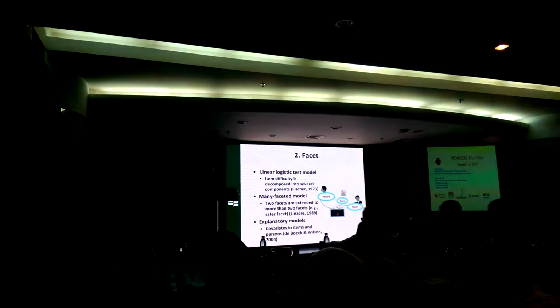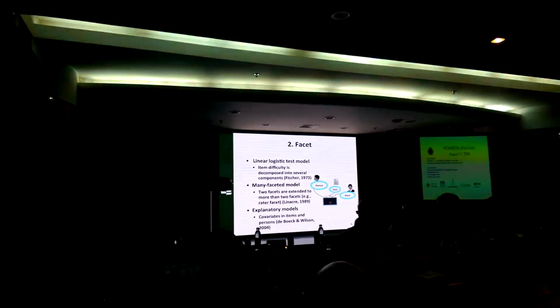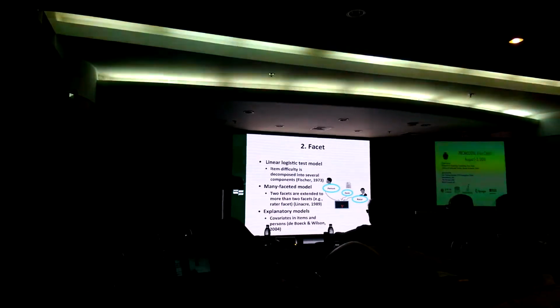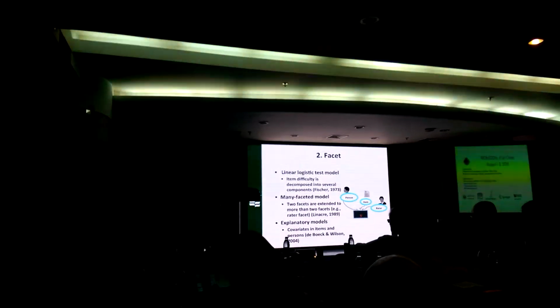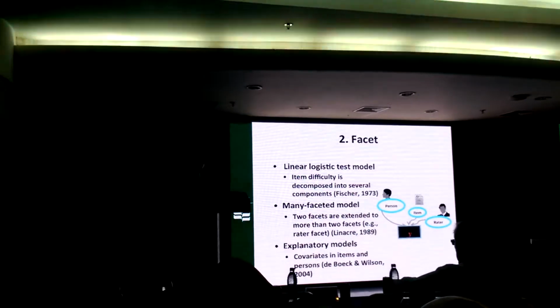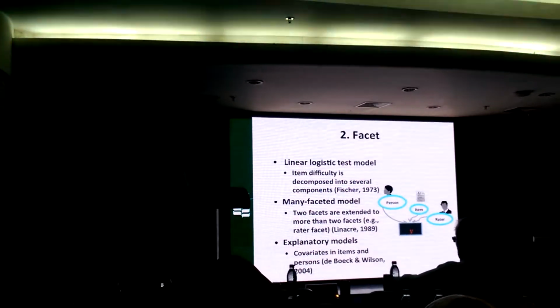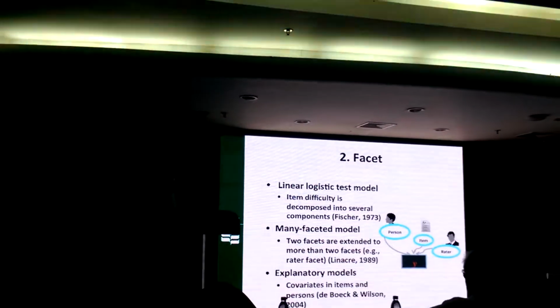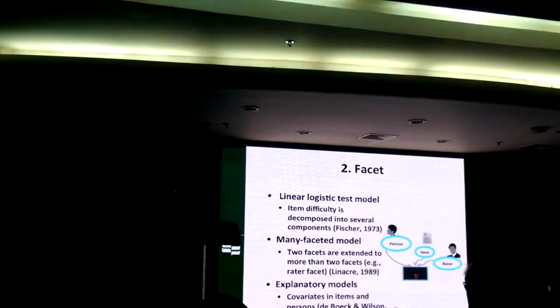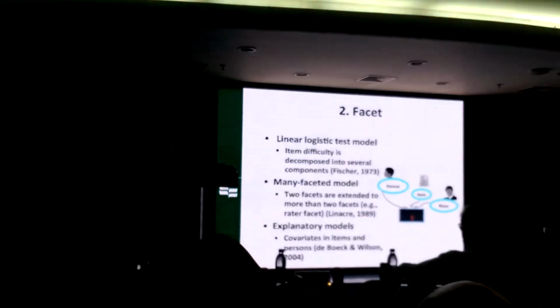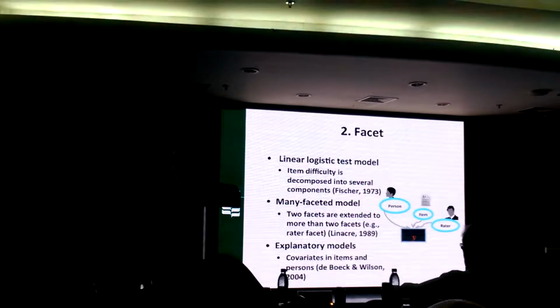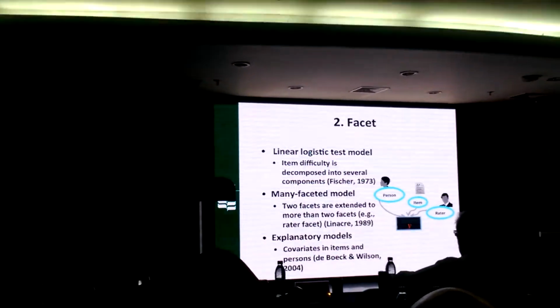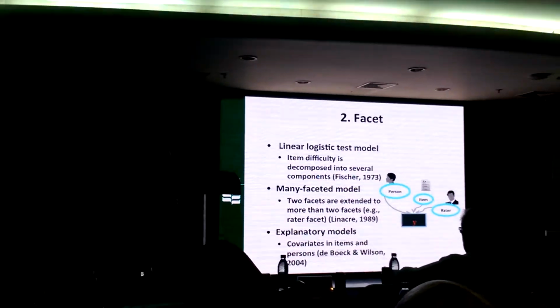In the Rasch model we have two types of parameters. One is the item parameter, the other is the person parameter. We can take the item parameter estimate as the criterion, and then use other predictors like item features, word length, etc., to predict the item difficulty. This is the basic idea of the linear logistic test model.